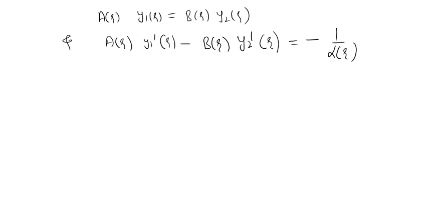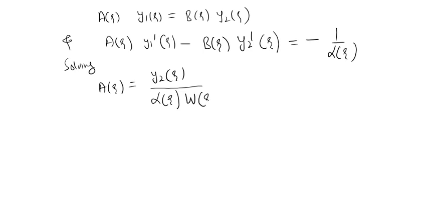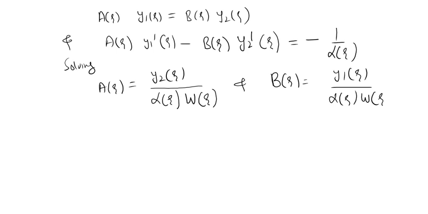This is 2 by 2, so either substitute the value of a or b in the second. So solving for a and b, you get a(xi) equal to y2(xi) upon alpha(xi), and here you will get a Wronskian in terms of xi, and you get b(xi) equal to y1(xi) upon alpha(xi) W(xi).